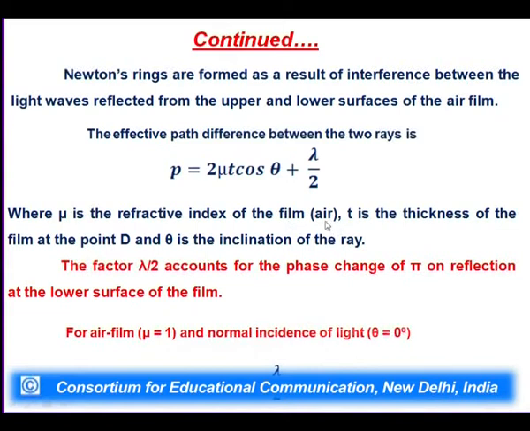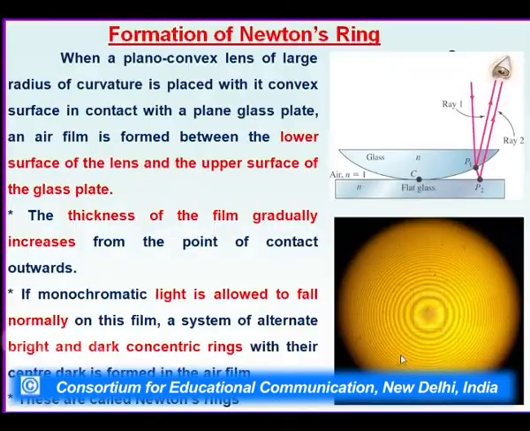Here we are considering air, so its value will be 1. t is the thickness of the film at the point D, and theta is the inclination of the ray. The factor lambda by 2 accounts for the phase change of pi on reflection at the lower surface of the film. In this manner, for an air film mu is equal to 1 and for normal incidence of the light theta is equal to 0 degrees.